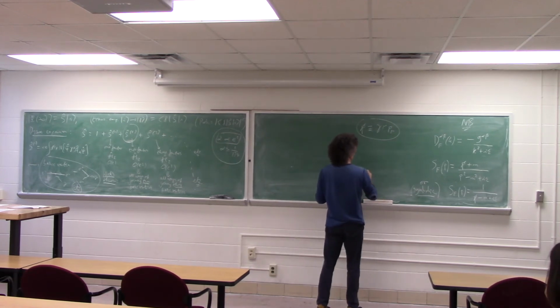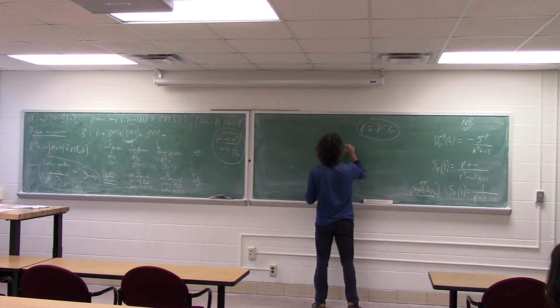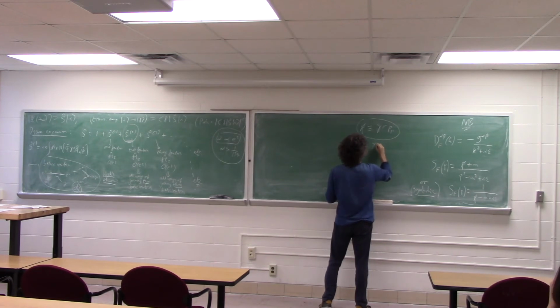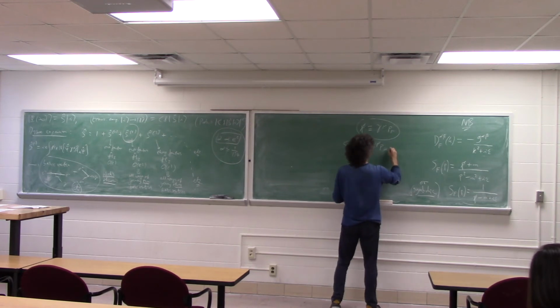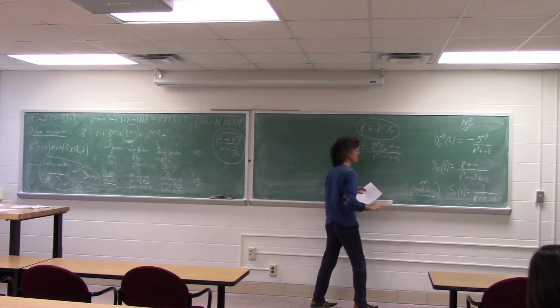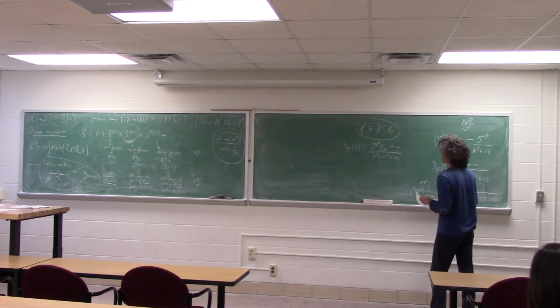So when we write S Feynman of p, it is really gamma mu p mu plus m over p squared minus m squared plus i epsilon. Some people like to just write p slash plus m.